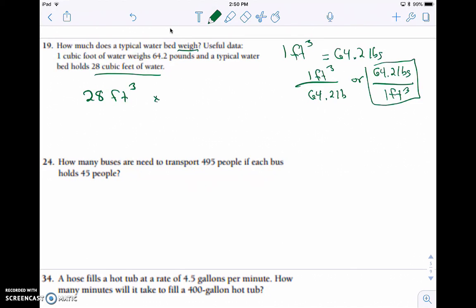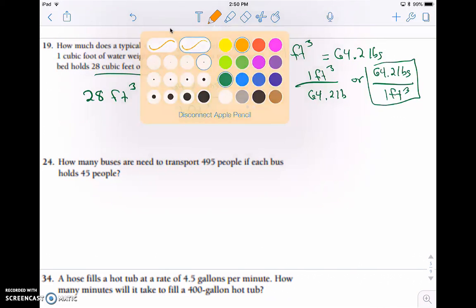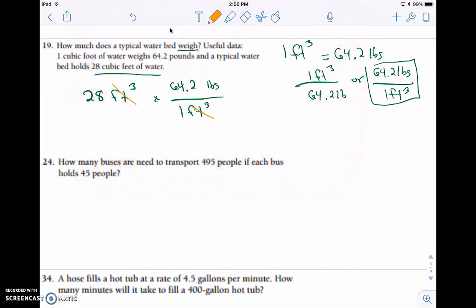So I'm going to times it by 64.2 pounds over 1 cubic foot, because then, again, that's going to cancel cubic feet and leave me with just pounds. So now we get 28 times 64.2 pounds. And when you take 28 times 64.2, you roughly get 1,797.6 pounds. Okay, so a bed that holds 28 cubic feet of water is going to weigh almost 1,800 pounds.